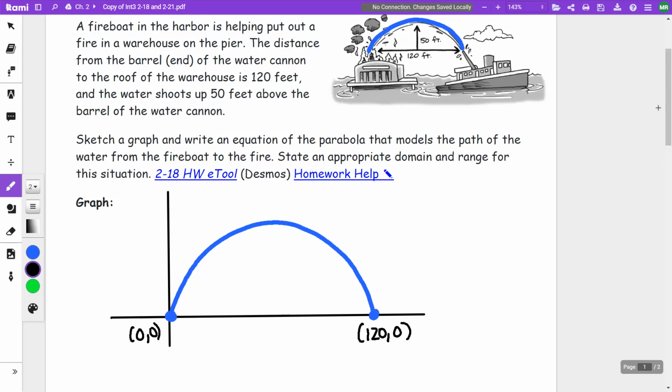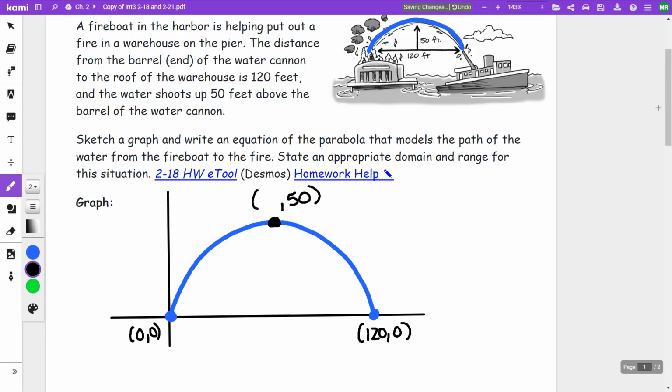Now, our vertex is going to be, do we agree, in the center of this parabola? How high is that vertex up on the y-axis? 50. So I know that this is going to be something, 50, because in the picture we saw that it was 50.